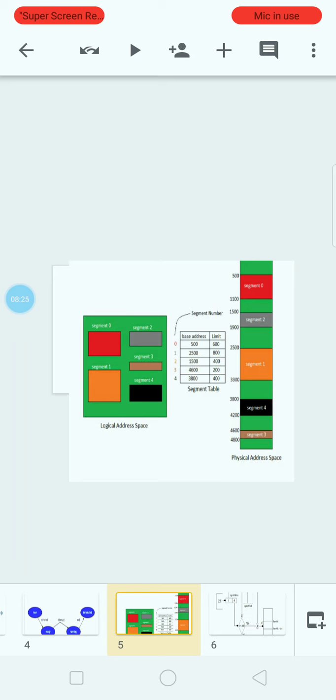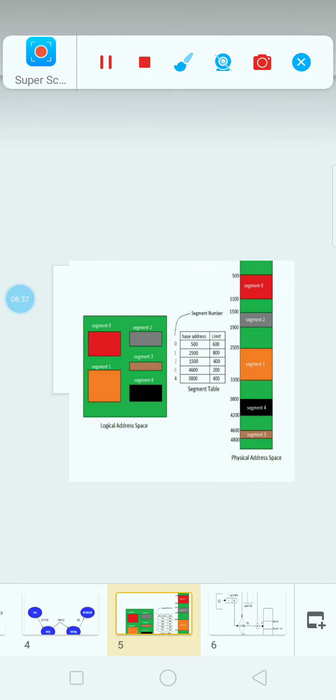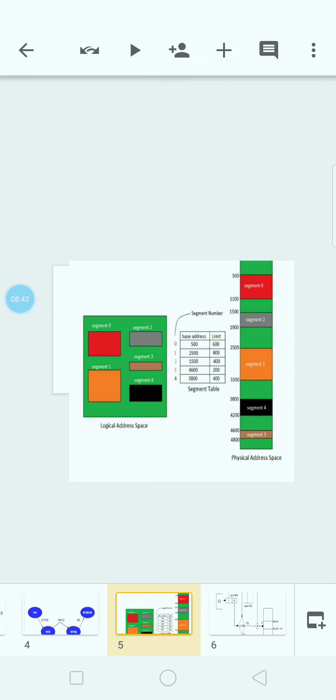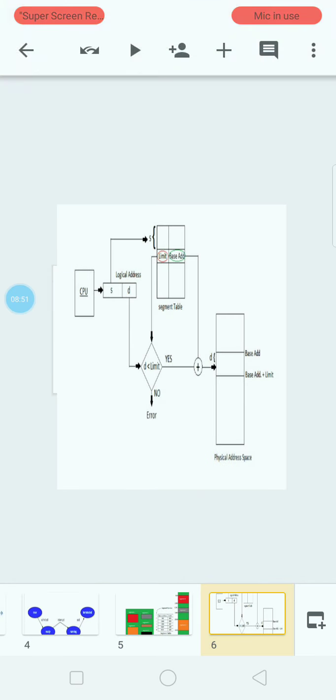Now, the segment table maps two-dimensional logical addresses into one-dimensional physical addresses. Base address: it contains the starting physical address where the segment resides in memory. Limit: it specifies the length of the segment.